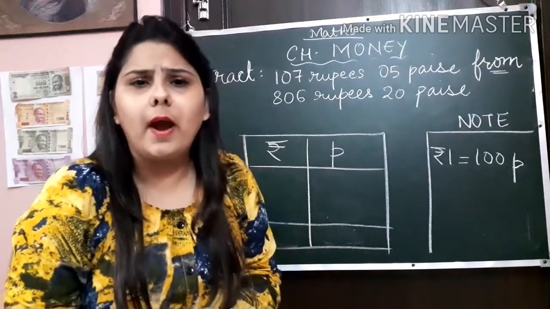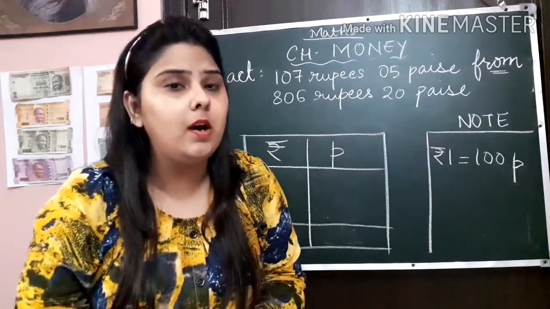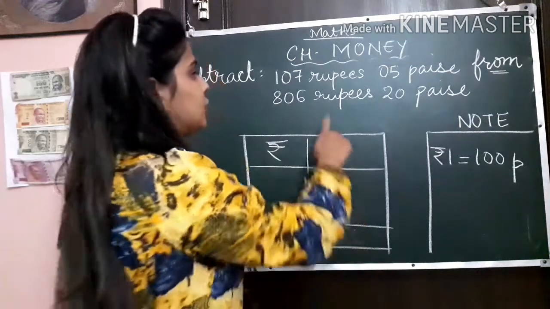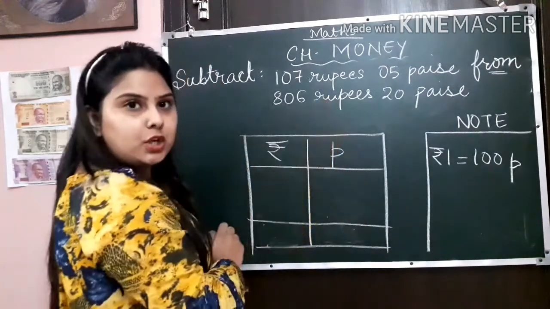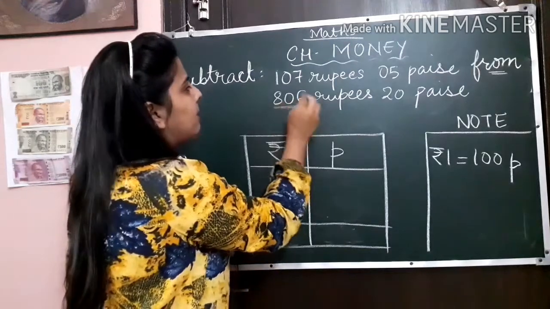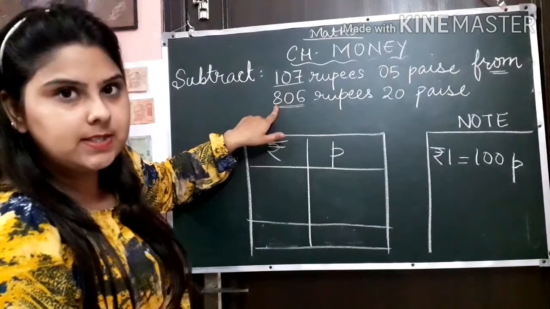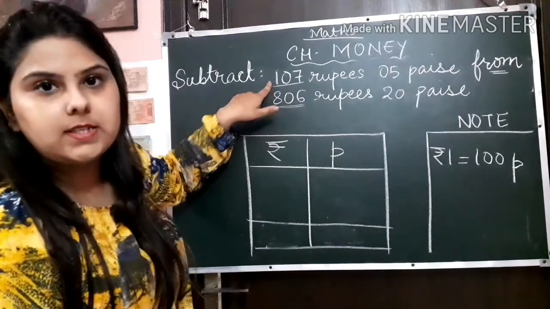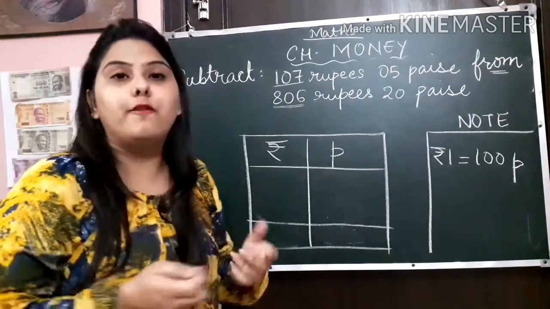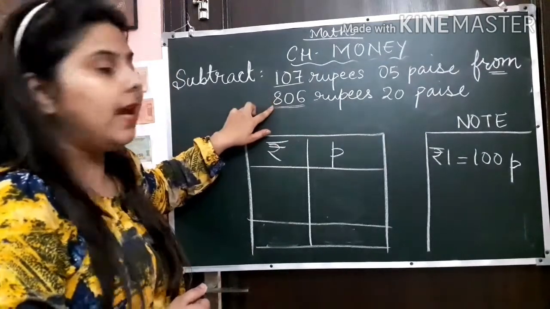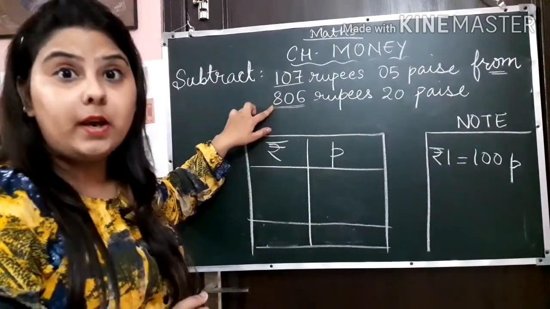So how do we find out which amount is bigger? Always compare the larger unit numbers. Rupees is the larger unit, so compare the rupee amounts. Here it is 806 and on the top of it 107. When I compare the hundreds places, you know that 800 is the bigger amount.